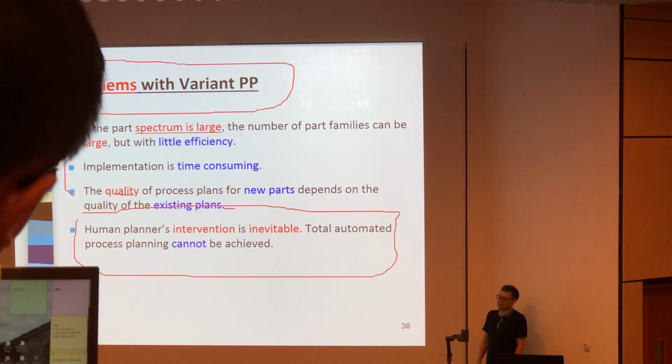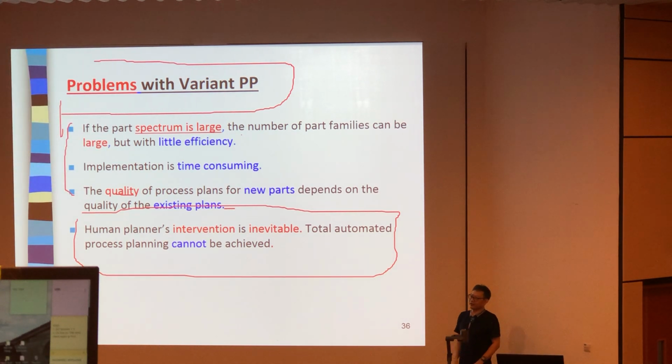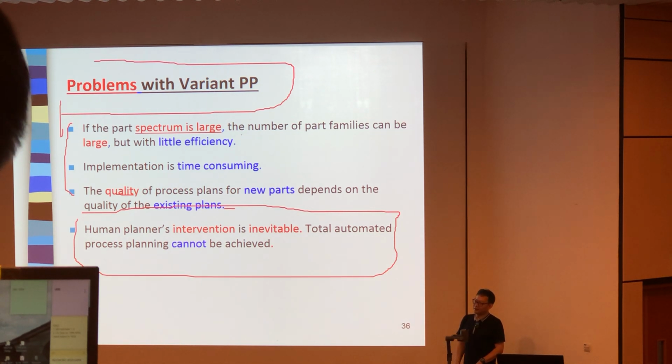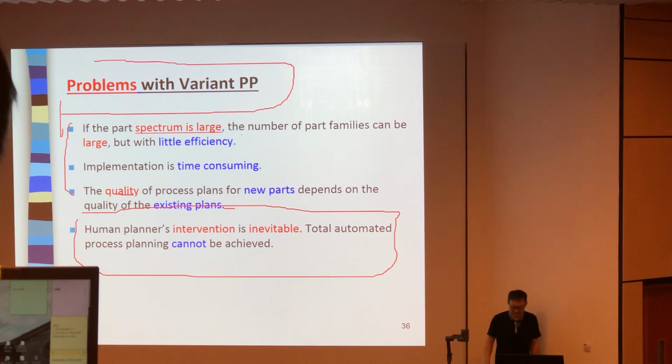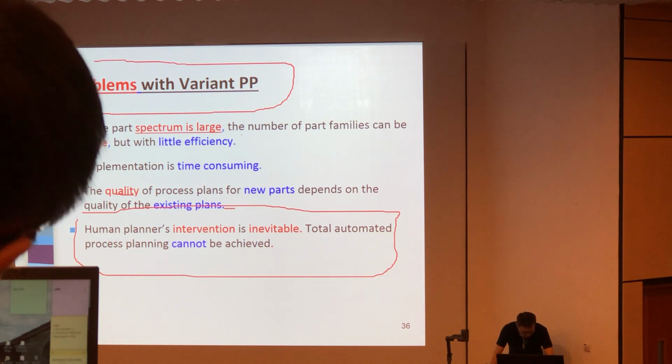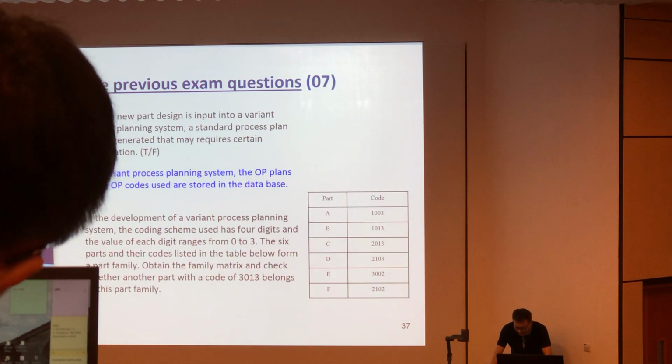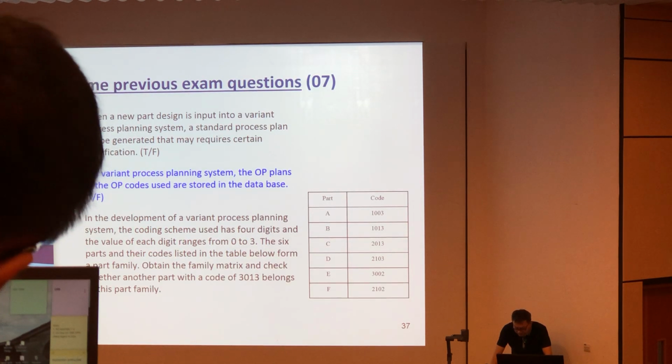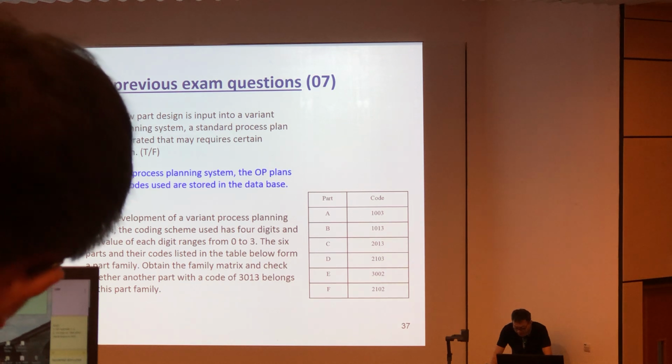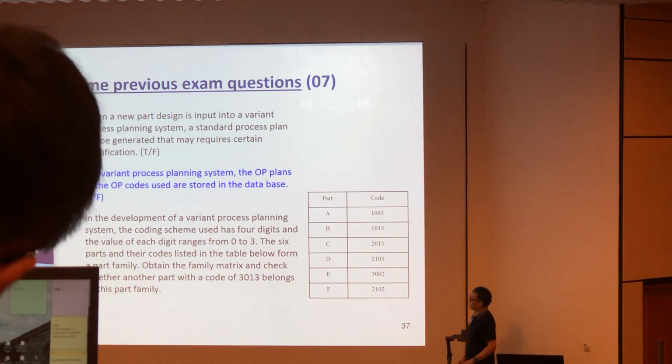You can argue that it will certainly have a certain so-called intelligence, knowledgeable, but again you can't do without. So this is the main problem, and this is the reason why eventually we go for the so-called generative approach.